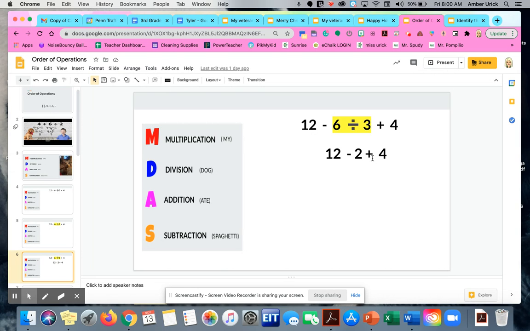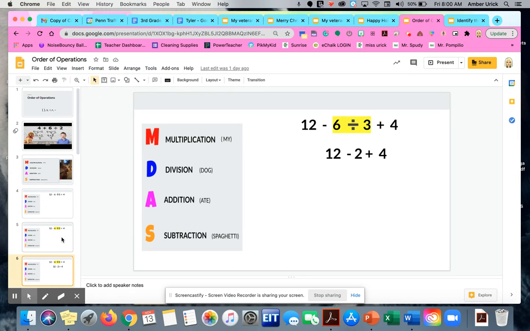So now I have to continue to look at my dog ate spaghetti, or the multiplication, division, addition, and subtraction. What do I have now? I have 12 minus 2 plus 4, right? So what should I do?